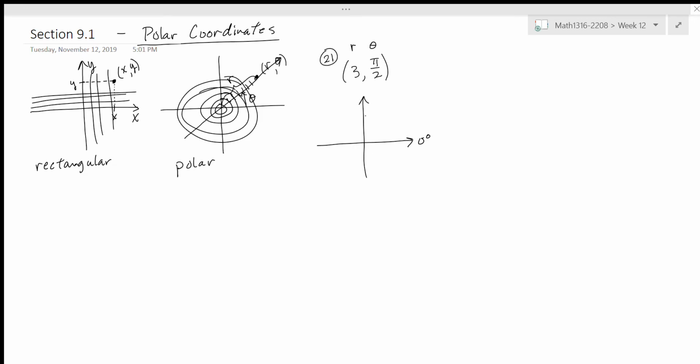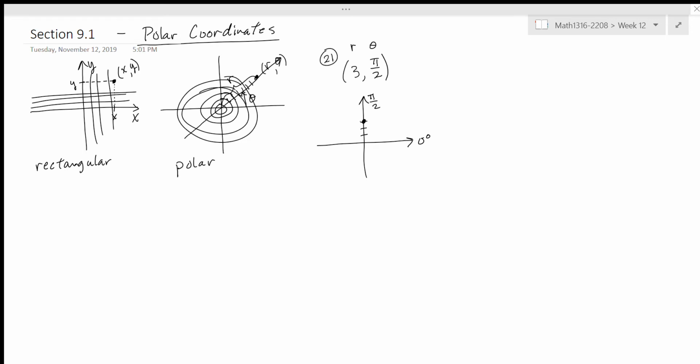Isn't pi over 2 90? Okay, so pi over 2 is straight up. How far am I going to go in that direction? 1, 2, 3, and there's the dot. Everybody see that?